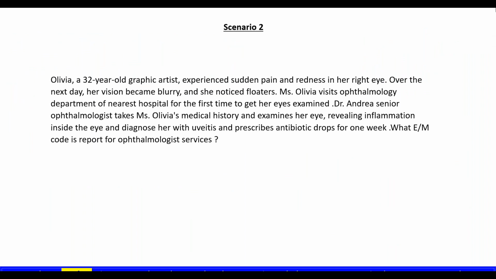Olivia, a 32-year-old graphic artist, experienced sudden pain and redness in her eye. Over the next day, her vision became blurry and she noticed floaters. Miss Olivia visits the ophthalmology department of the nearest hospital for the first time to get her eyes examined.